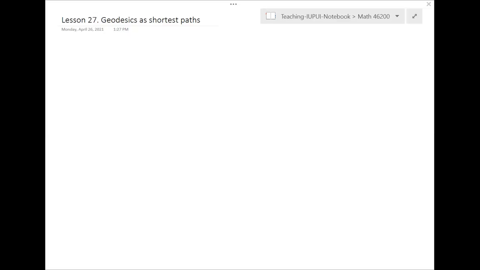Yeah, so now we actually have to go through very ugly computations. There are a couple of ways to introduce the notion of geodesics. One is we try to understand shortest paths between two points on the surface.